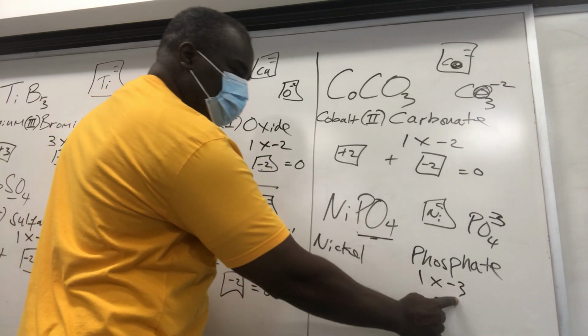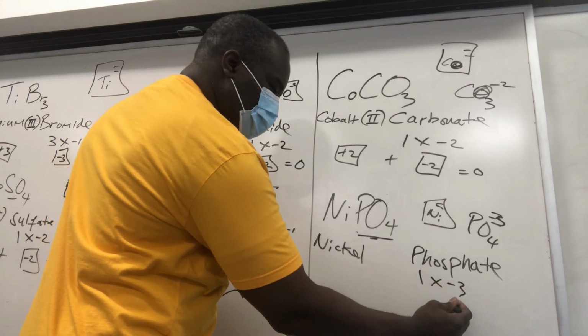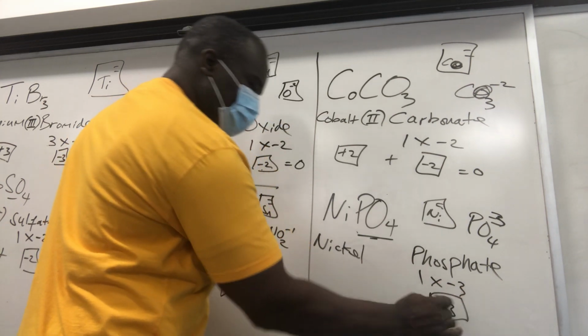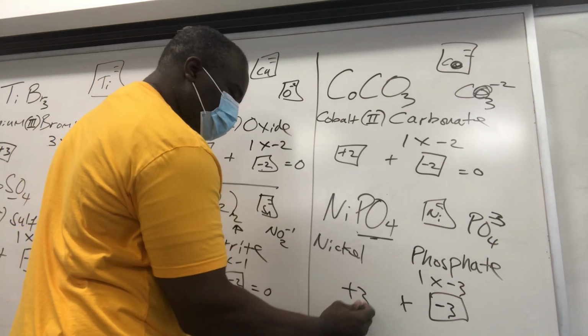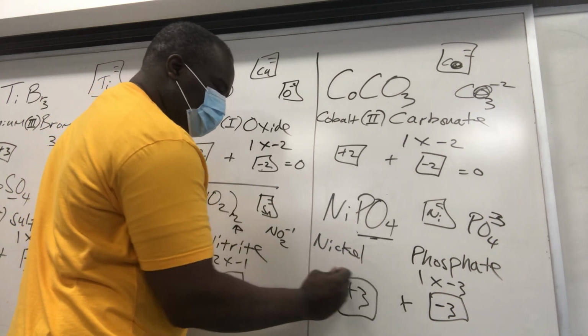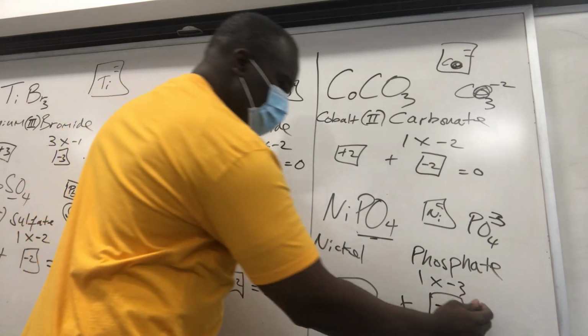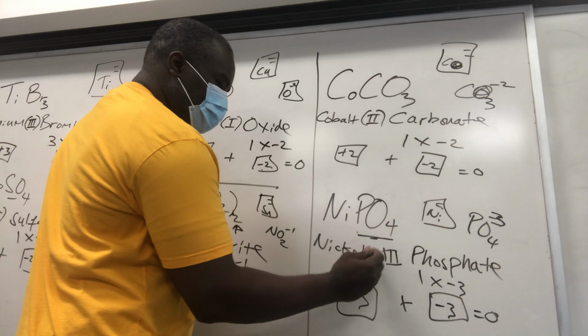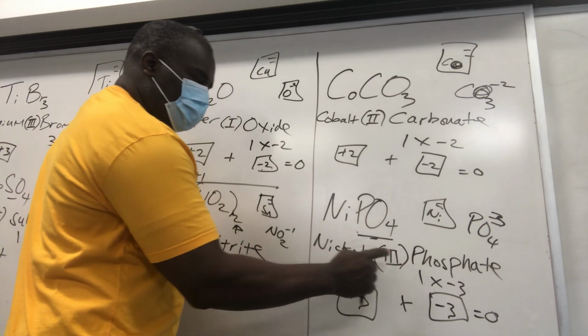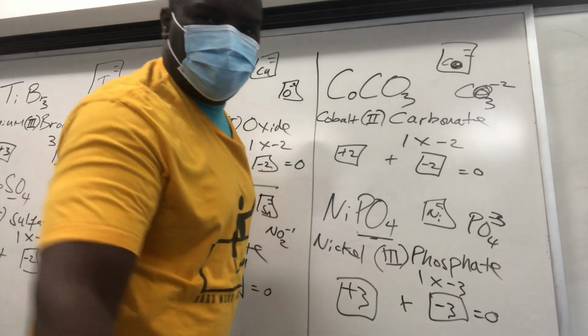That charge is going to be -3. Total negative on this side. What plus -3 gives you 0? +3. This +3 is for that 1 nickel. So you put the Roman numeral 3 there. You're done. Nickel(III) phosphate, and you're done.